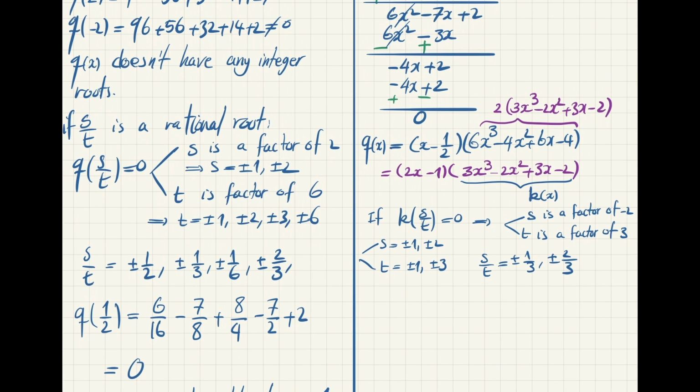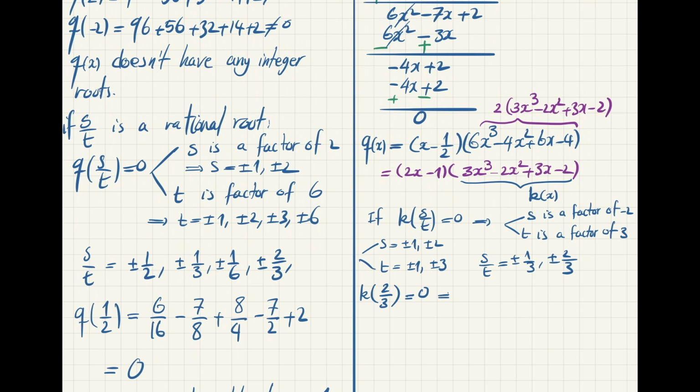I have already checked that this will be the answer. So let us calculate k at 2/3. If you calculate this one, you will get 0. So you can check it yourself.